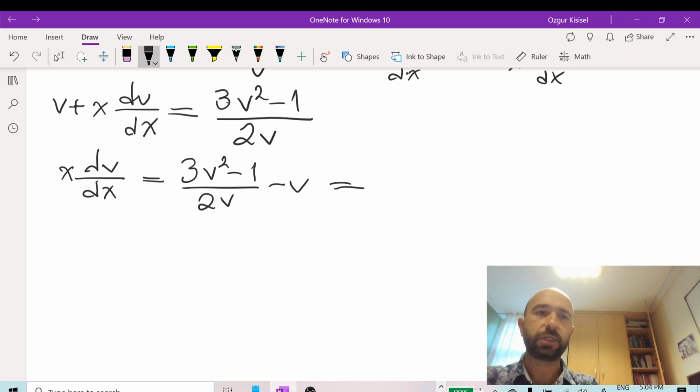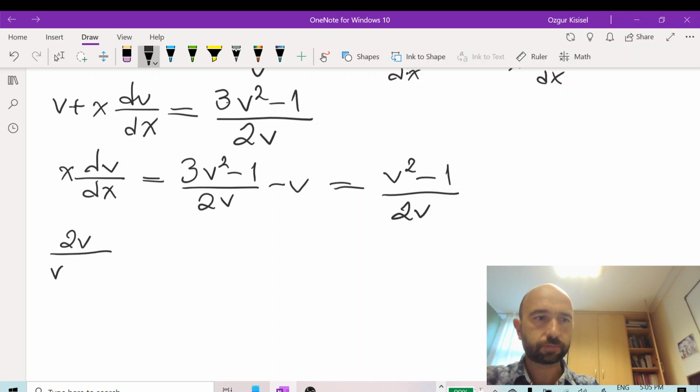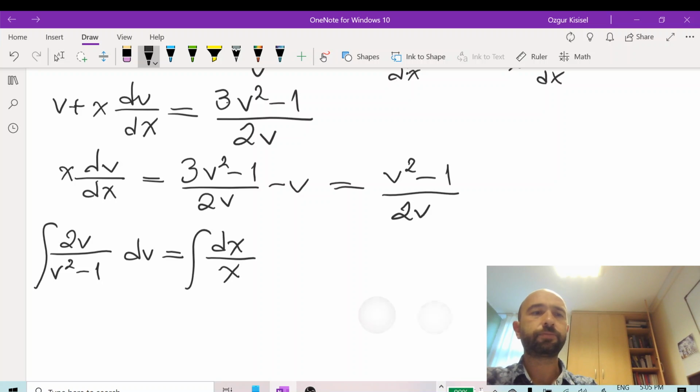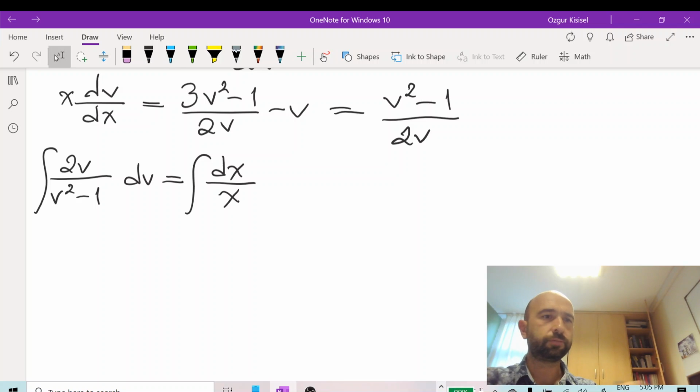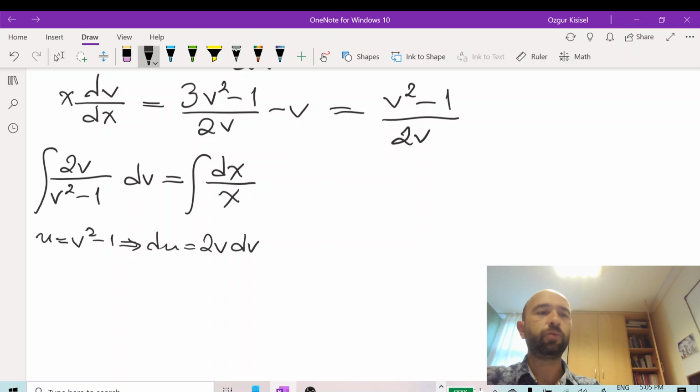We can simplify by equating denominators. This becomes, I guess, v squared minus 1 divided by 2v. Now put the v's on the left, x's on the right. And then integrate. Okay, if we say u equals v squared minus 1 here, then du equals 2v dv, which is above.